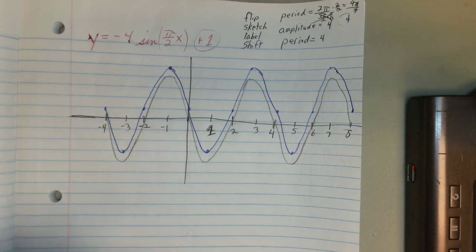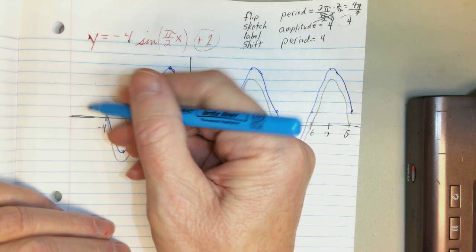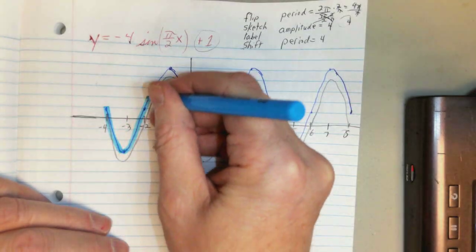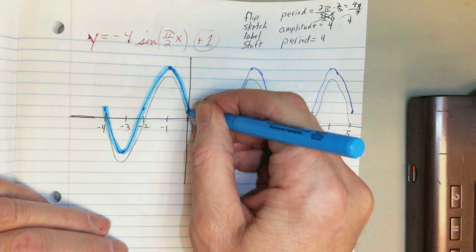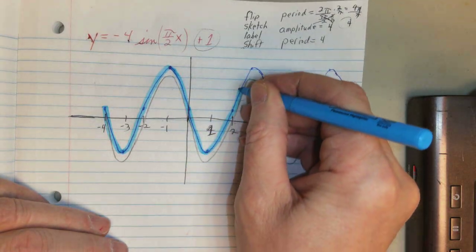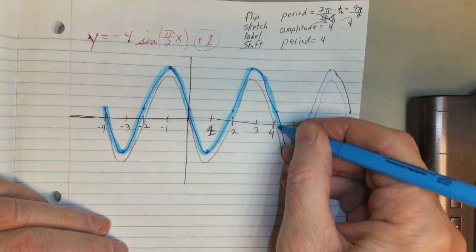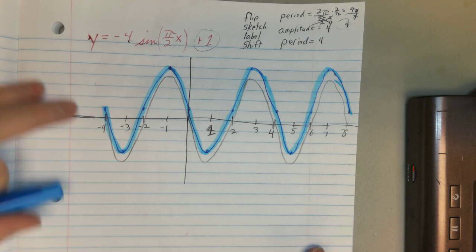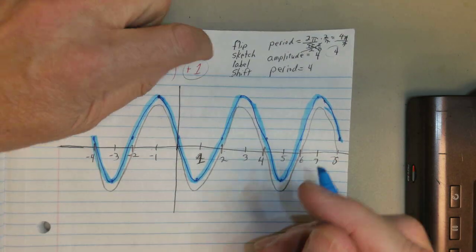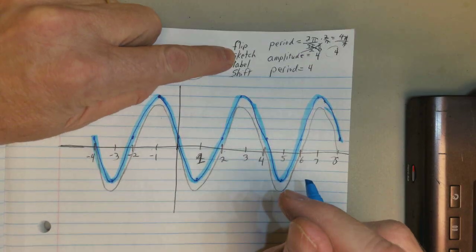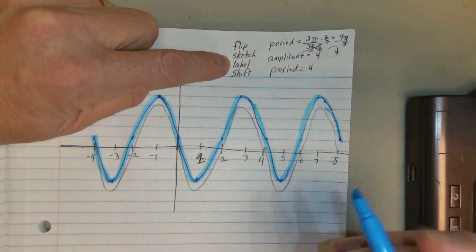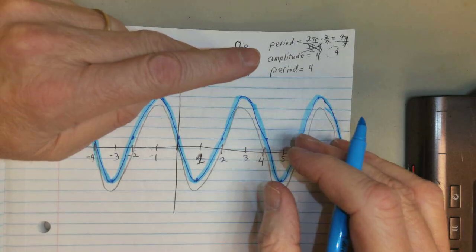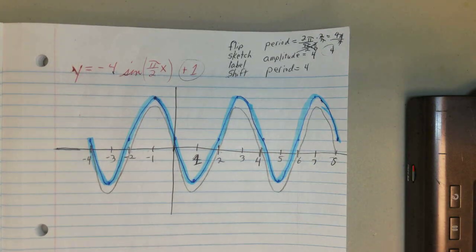All right, and I will highlight the final function after I have sketched it. Okay, so I'm not making a table or anything. I'm using what we know about the shape and just flipping, sketching, because I know what the shape's going to be. Then I just draw the labels. And then any shifting I have to do after I've drawn the labels.